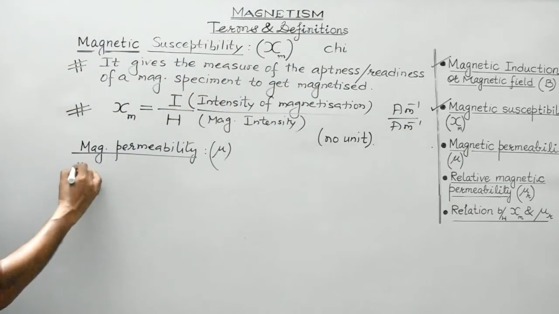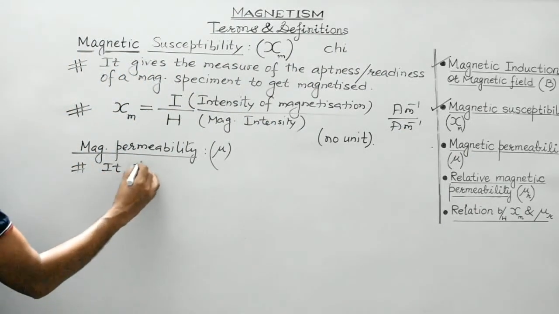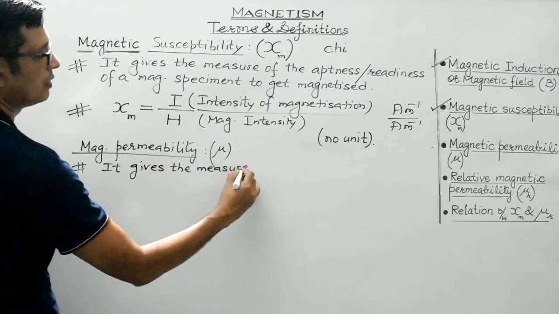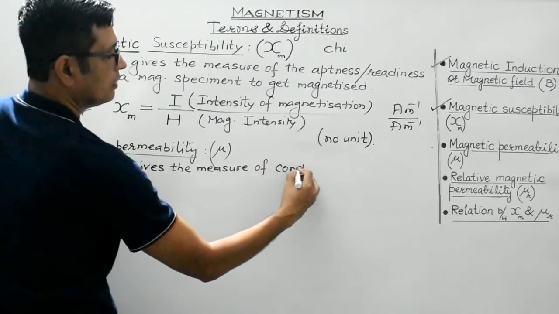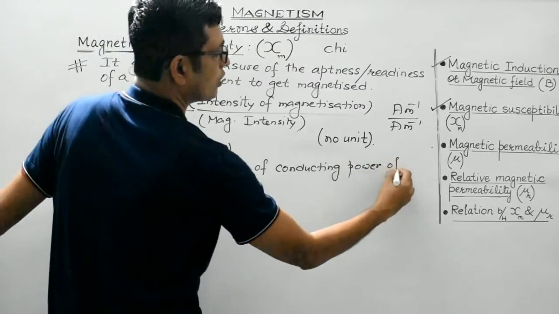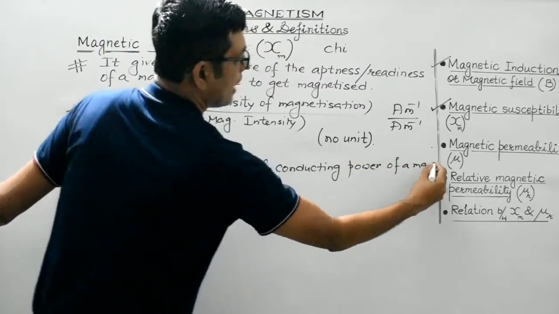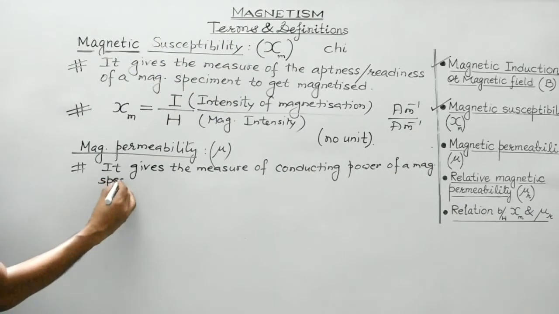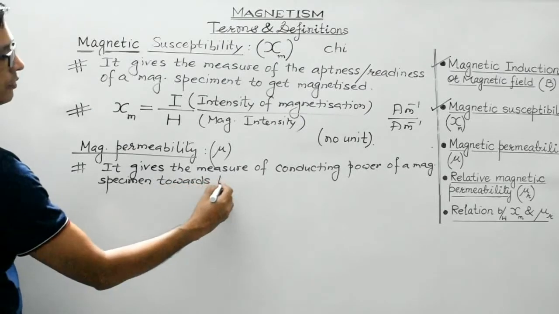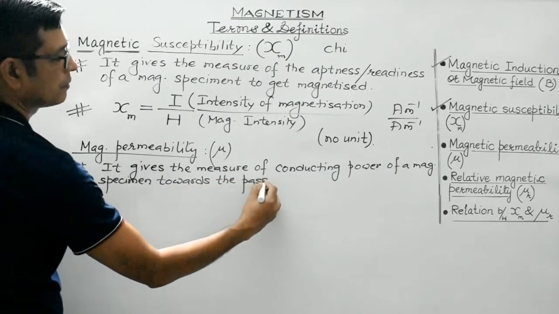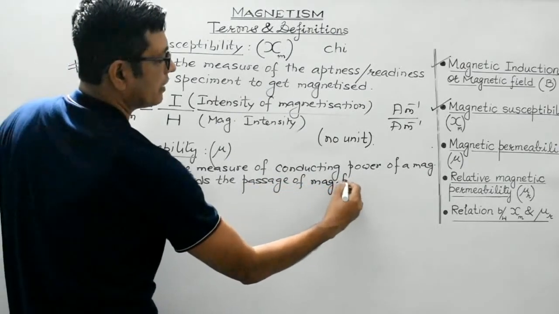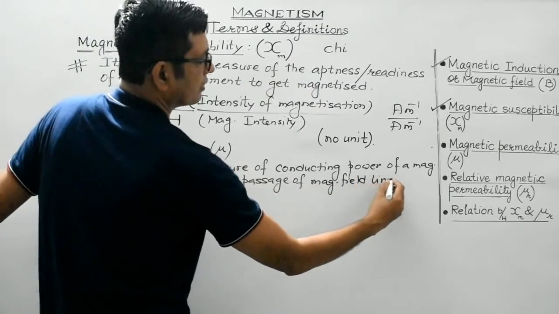So basically, magnetic permeability gives the measure of conducting power of a magnetic specimen towards the passage of magnetic field lines.